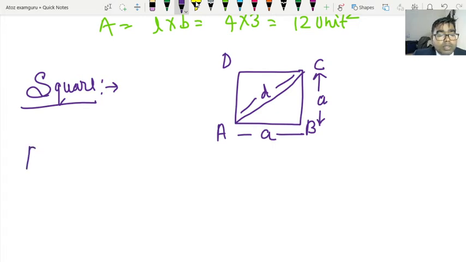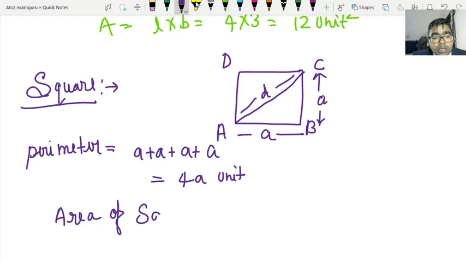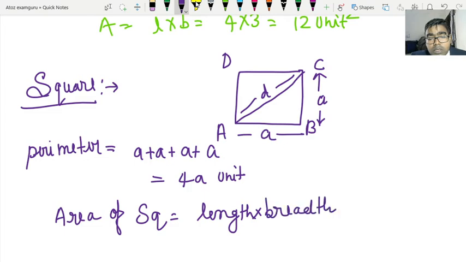So what is the perimeter of this figure? Perimeter is the sum of sides. This means a plus a plus a plus a, that is 4a unit. Right, and area of a square is length into breadth, a into a, it means a square unit, the side squared simply.